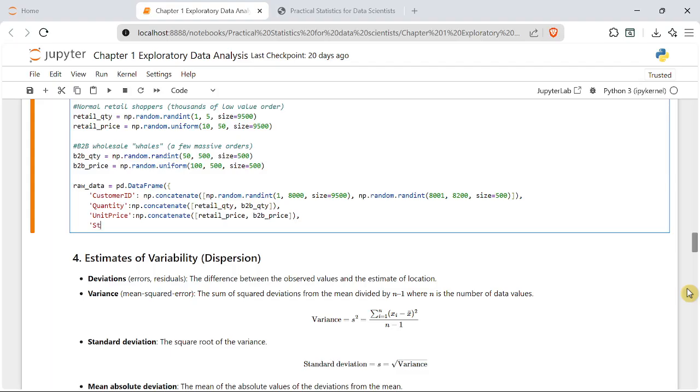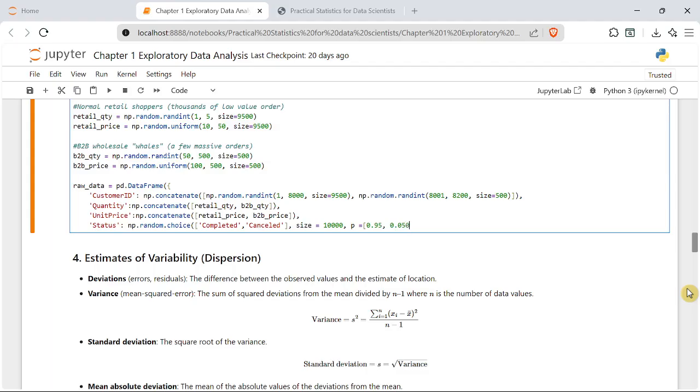status: np.random.choice completed, cancelled, size equals 10,000, p equals 0.95, 0.05.